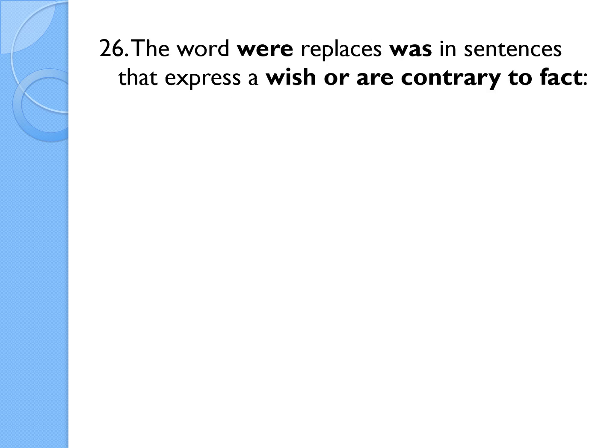The word "were" replaces "was" in sentences that express a wish or are contrary to fact. So remember, guys, if our sentence expresses a wish or is contrary to fact, we will not use "was," but we will use "were."